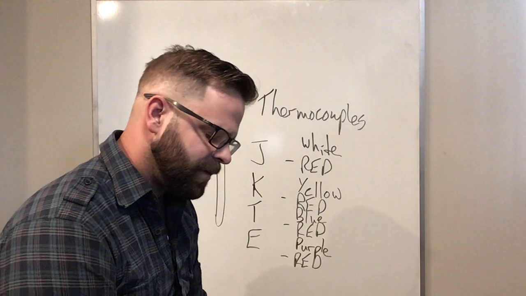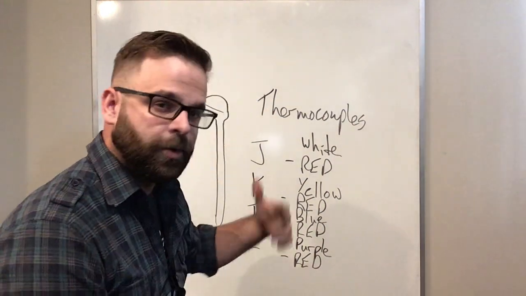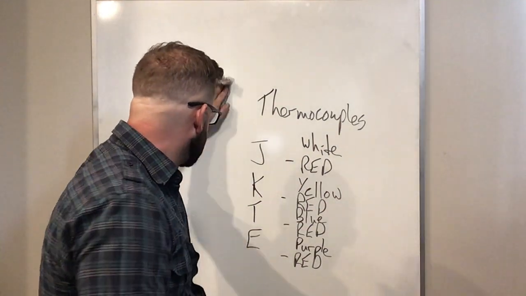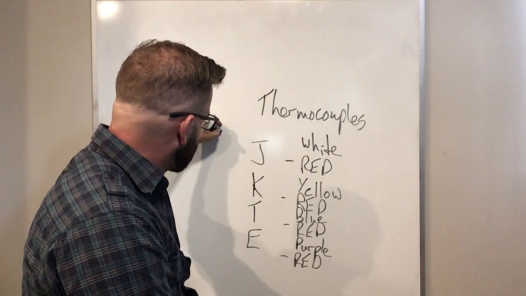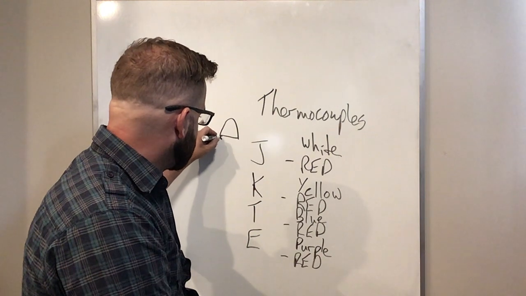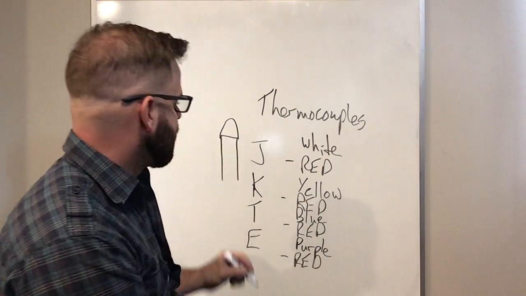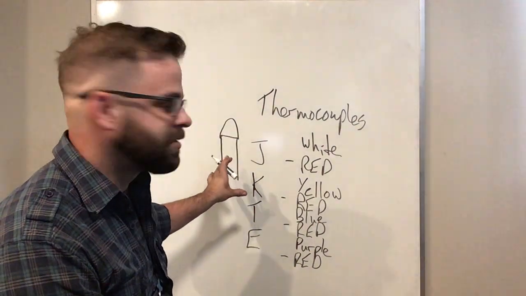But what you end up finding with thermistors, and I'll go through the RTD and the thermistor, is that the thermistor is just a semiconductor, and it almost looks like a small capacitor with only two thin little wires on it.